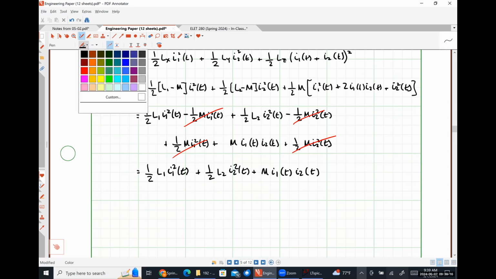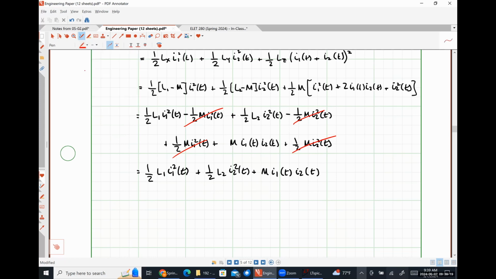And now I'm going to put another note here, because once again, this was derived under the very specific instance where dots are on the same side and currents are flowing in.